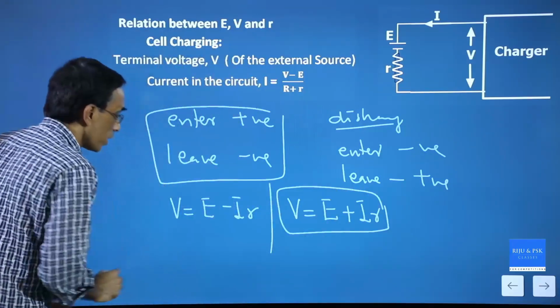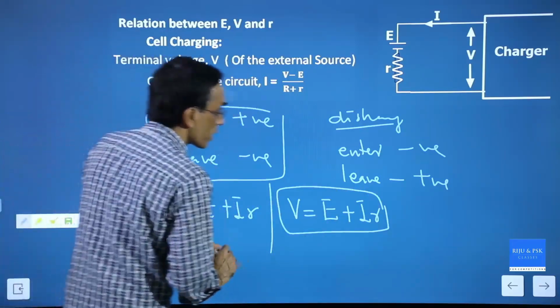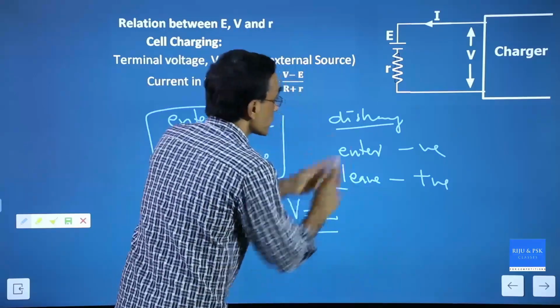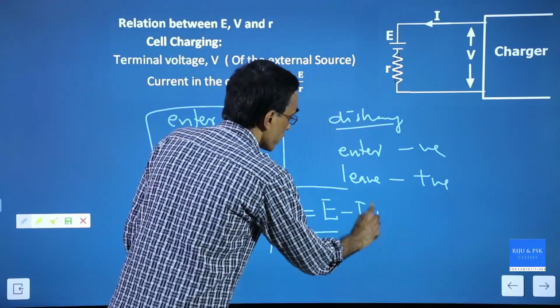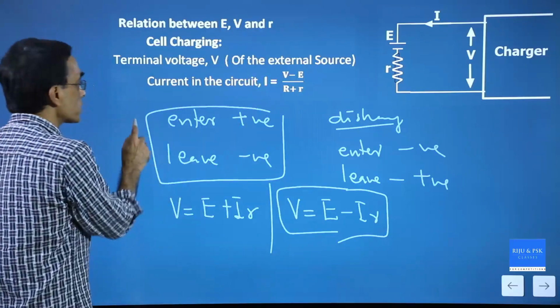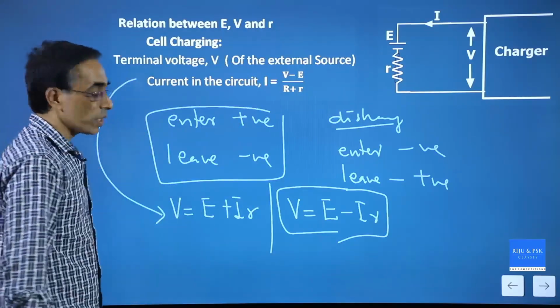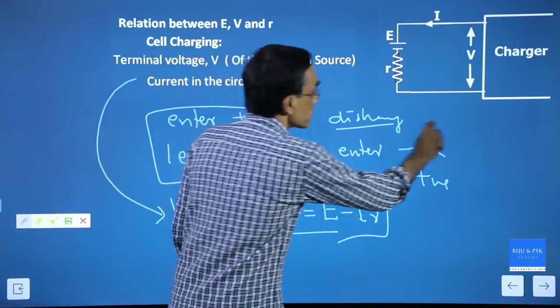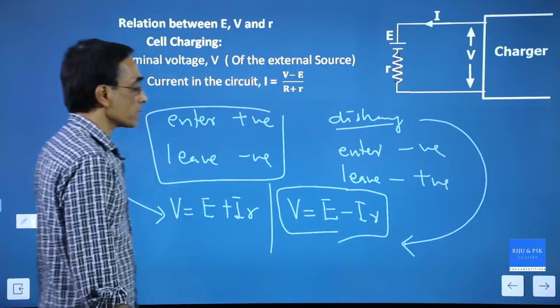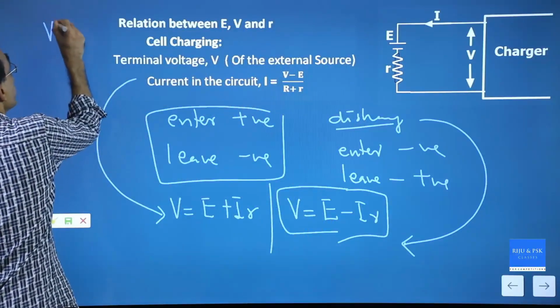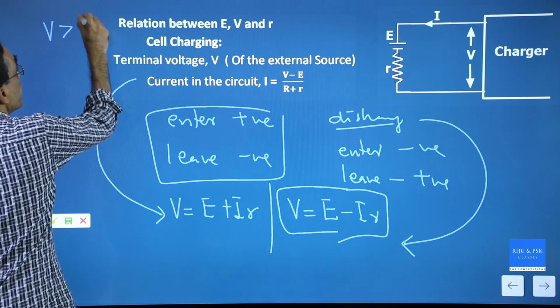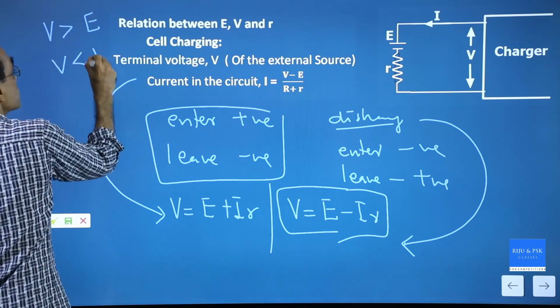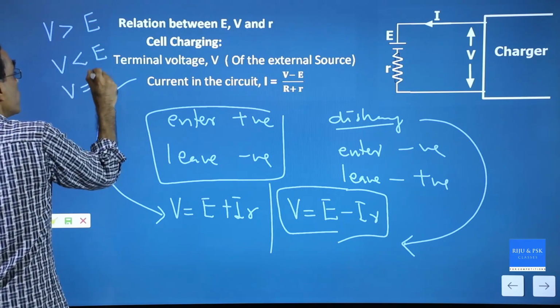I'll write here and change this, because discharging is E minus IR. When a cell is charging, V equal to E plus IR. When a cell is discharging, V equal to E minus IR. So the question comes, is V greater than E, or V less than E, or V equal to E?